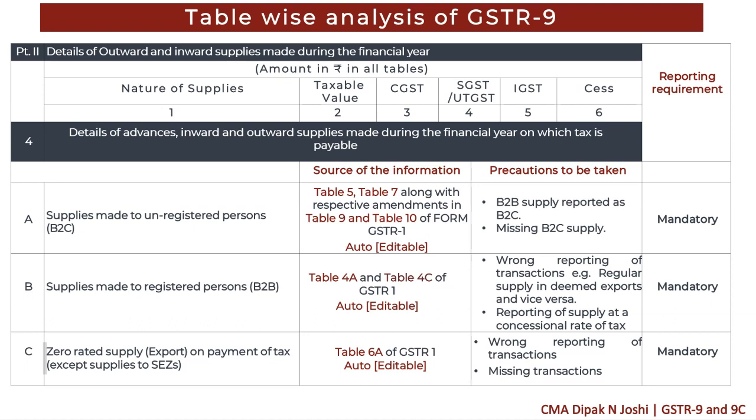So you're required to bifurcate the information of table 6A into 4 parts, and only information of zero rated supply export on payment of tax would be reported in this table. Export without payment of tax will be reported in table 5 of GSTR 9. So in this case, you need not report those transactions under the category of table 4C.